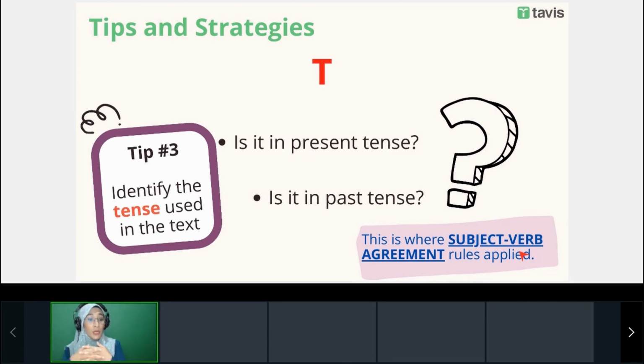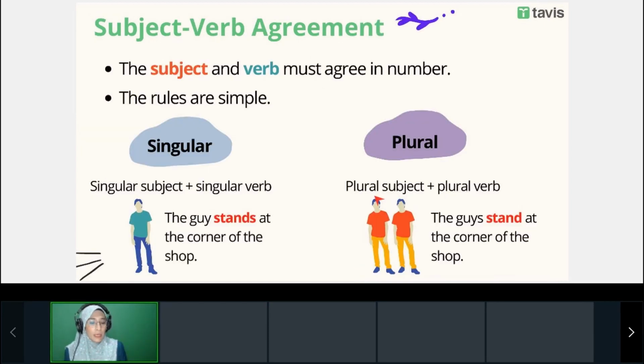So how do we know which one is which? In the next slide, we have a few rules. The subject and verb must agree in number. The rules are very, very simple. You need to identify first: singular, plural.